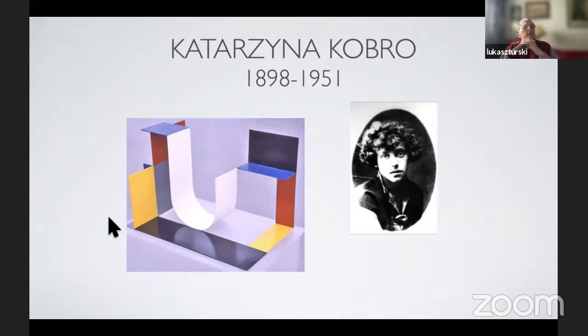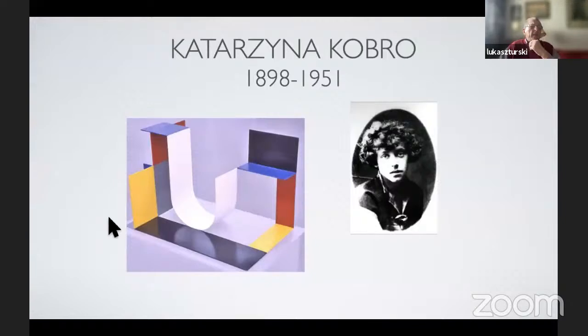She married another artist, painter Władysław Strzemiński, who had been participating in the war. Apollinaire was on the Western Front, and Strzemiński was on the Eastern Front, and he was badly wounded in the war.